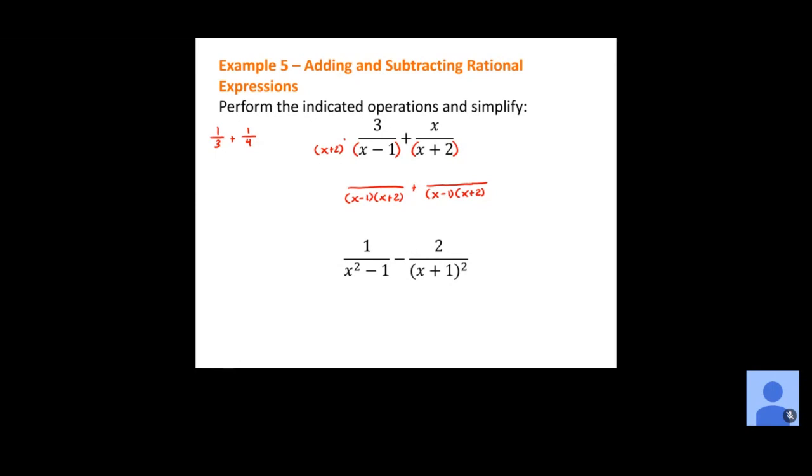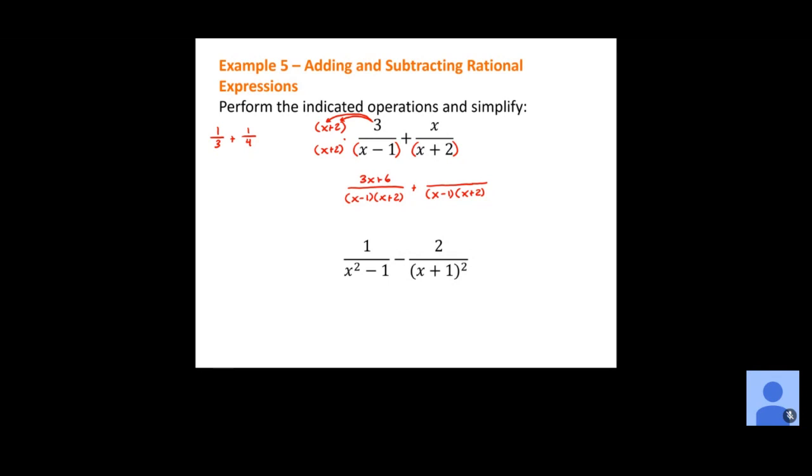Multiply the numerator by the same thing. So I'm going to multiply x plus 2 to my numerator also. Now in this case, we can go ahead and distribute that out. If I distribute the 3 to the x plus 2, what's that going to give us? 3x plus 6. Good. That takes care of the first fraction.